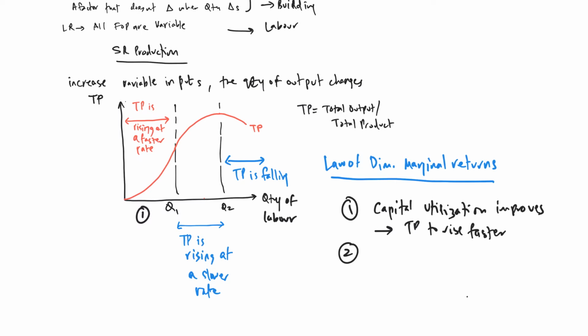Another reason is this, that initially probably if one guy is hired, he's operating and managing everything. But when more people come, there could be a possibility of specialization. So what we believe is that initially specialization also causes the total product to rise.